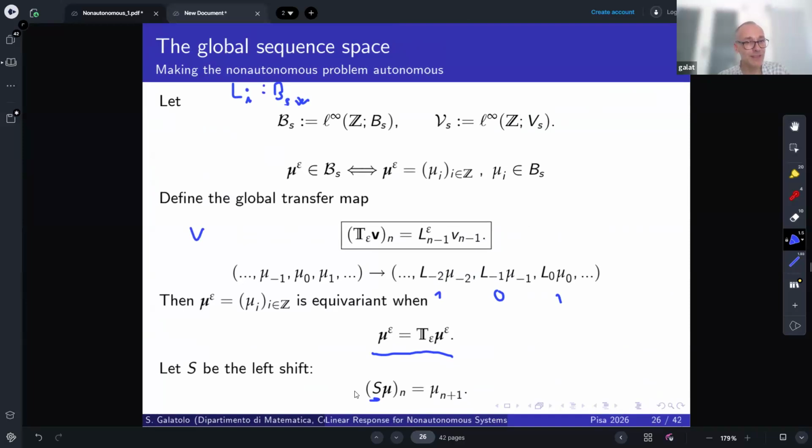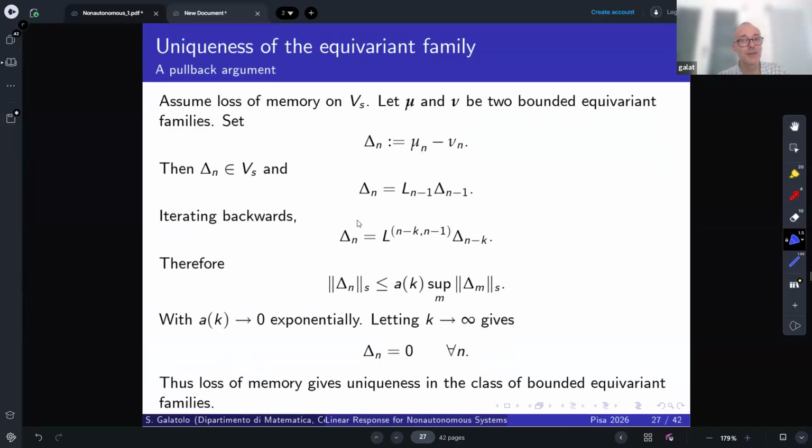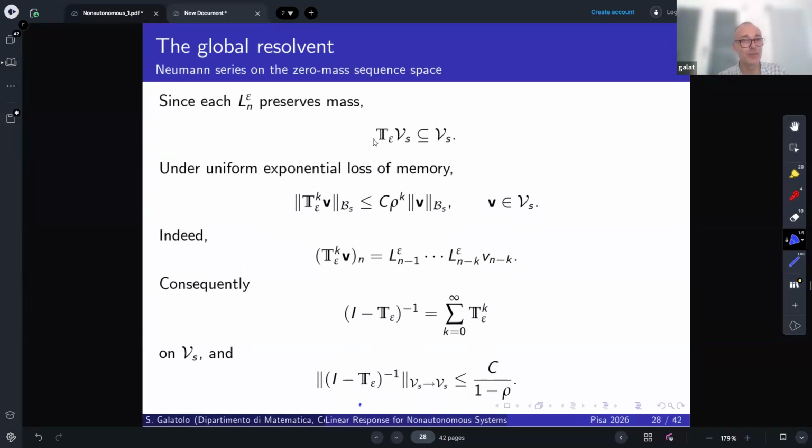What you can prove is that, I'm not entering into the spectrum of this operator, I'm going directly to show that the resolvent is defined, starting only with loss of memory. But if you want, you can restart the problem in an abstract spectral way. This is not needed, because from the loss of memory you have this exponential contraction of the zero average space.